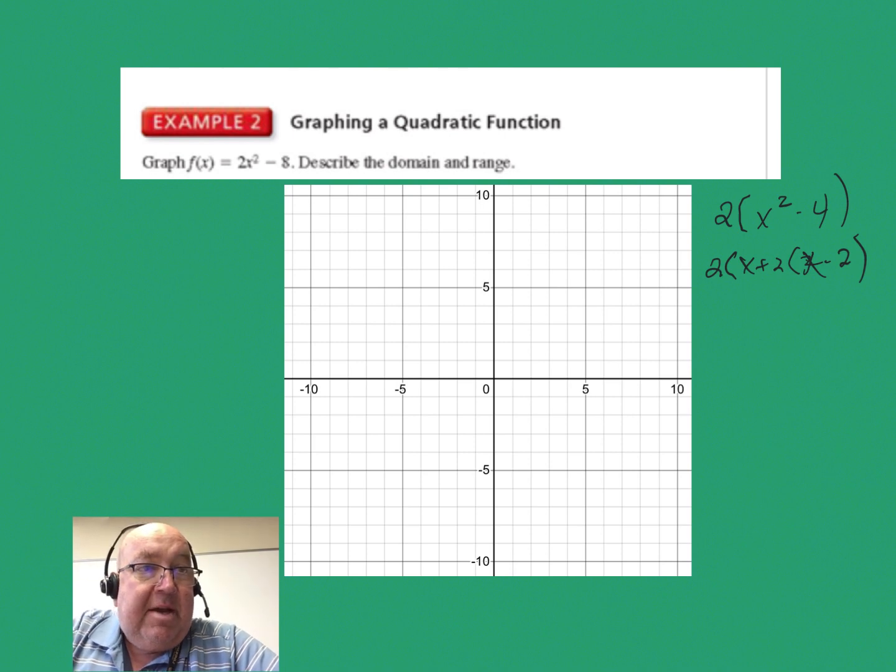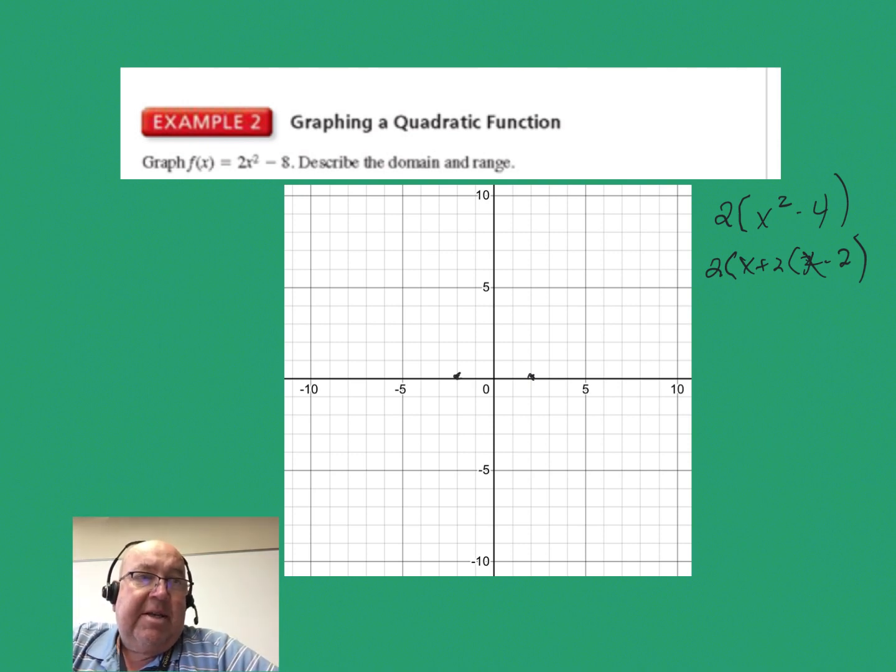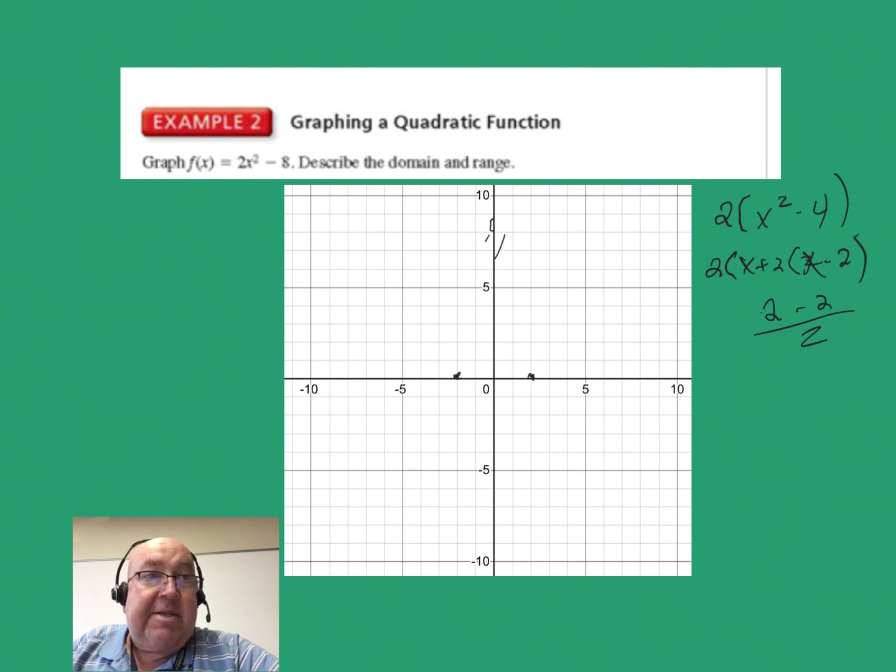So that means we're going to have intercepts at -2 and 0 and 2 and 0. I can tell that because I'm going to add 2 and -2 together and divide by 2, so my axis of symmetry is 0.